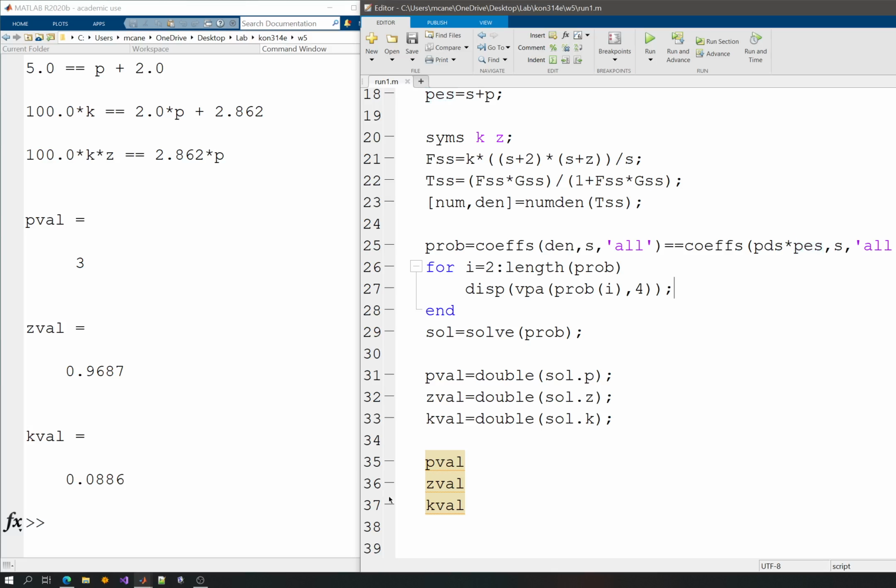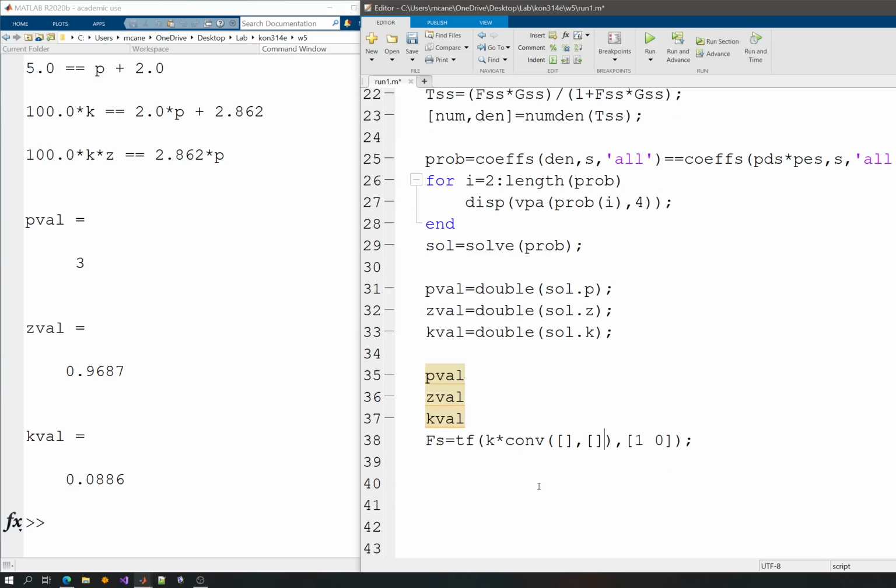Now, I have the design, so I can prepare my controller. I know that it will be something like this here. Now, k times, I will use convolution. Why I'm doing this, if you remember, I can use convolution to use the coefficients of polynomials in order to do the product of polynomials, and then get the coefficients of that.